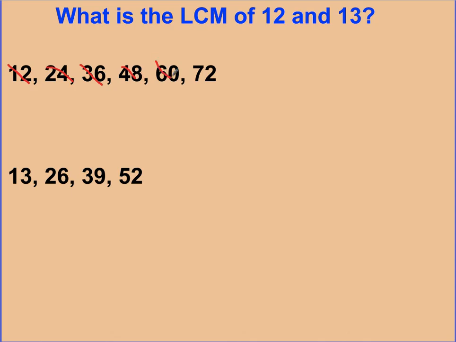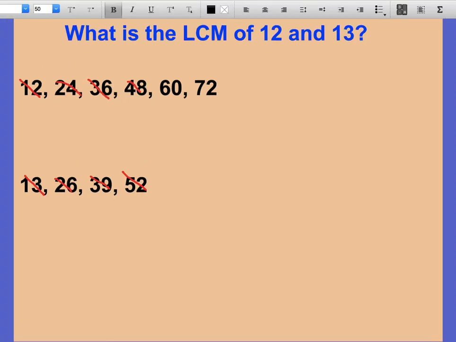There is no, well, there might be a 60. So we're going to pause there. Let's check with the 13s. There wasn't a 13, there wasn't a 26, there wasn't a 39, there was not a 52. So we have to continue our list here. Unfortunately, sometimes that happens. So let's write down a few more multiples.